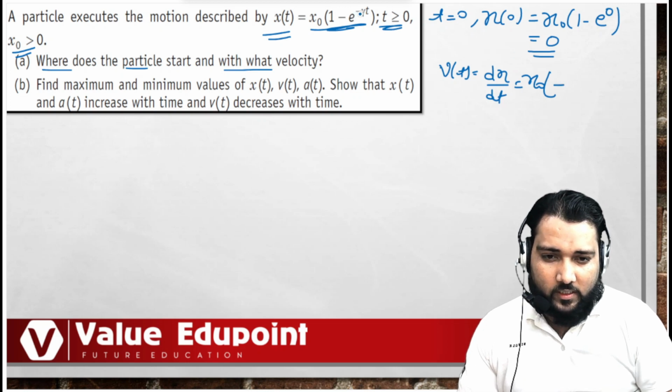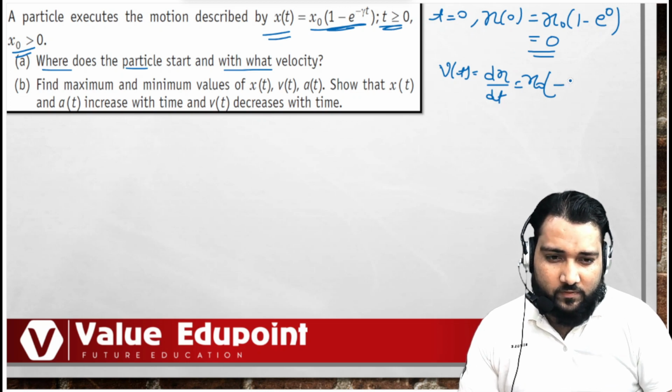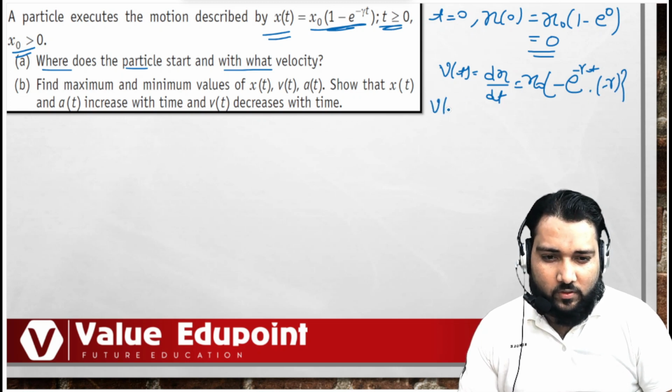And the differentiation of the other function will be e raised to power minus gamma t into minus gamma. So the velocity comes out to be gamma x naught e raised to power minus gamma t.